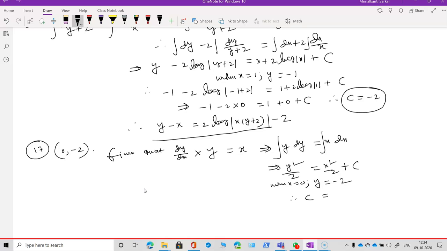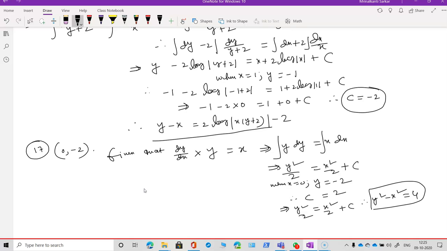Therefore, c is equal to 2. So this implies y square by 2 equal to x square by 2 plus 2. So y square minus x square equal to 4 is the answer.